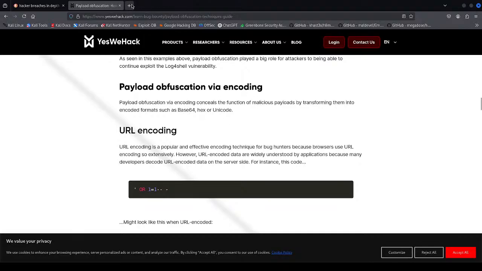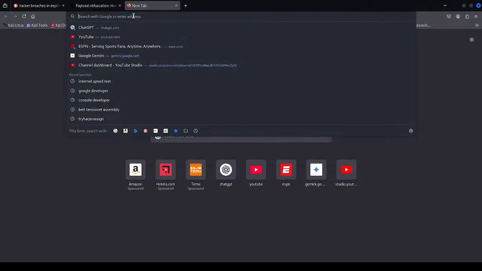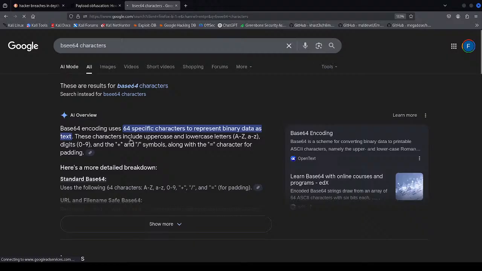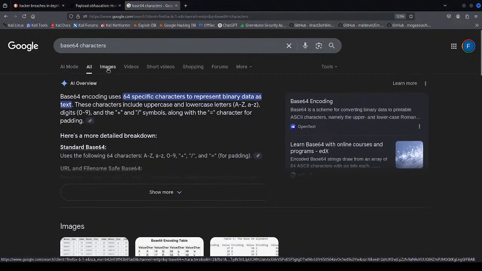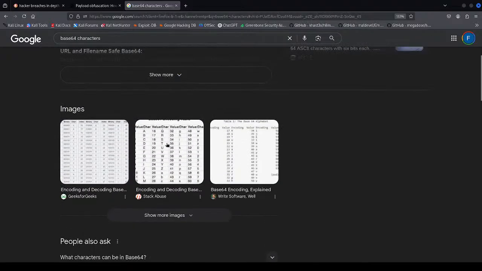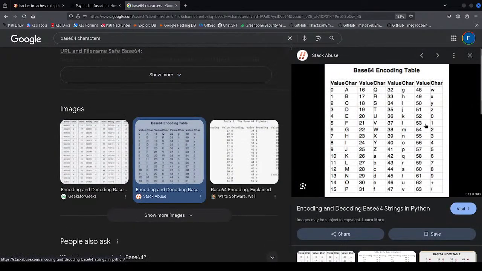So let's do this. Base64 characters. Now let's go. Oh, we have a version here. Let's see. The base64 encoding table.